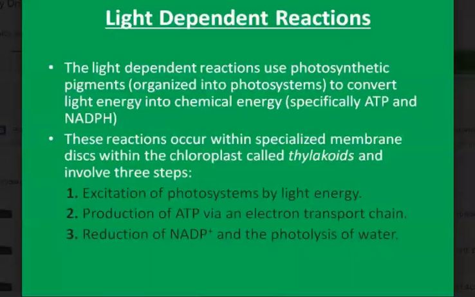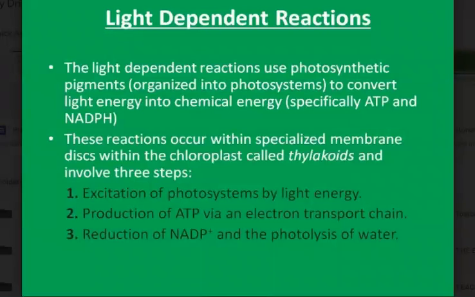There are three steps involved here. One, excitation of photosystems by light energy. Two, production of ATP via an electron transport chain. And three, reduction of NADP plus and the photolysis of water, that is, the breaking down of water using light.